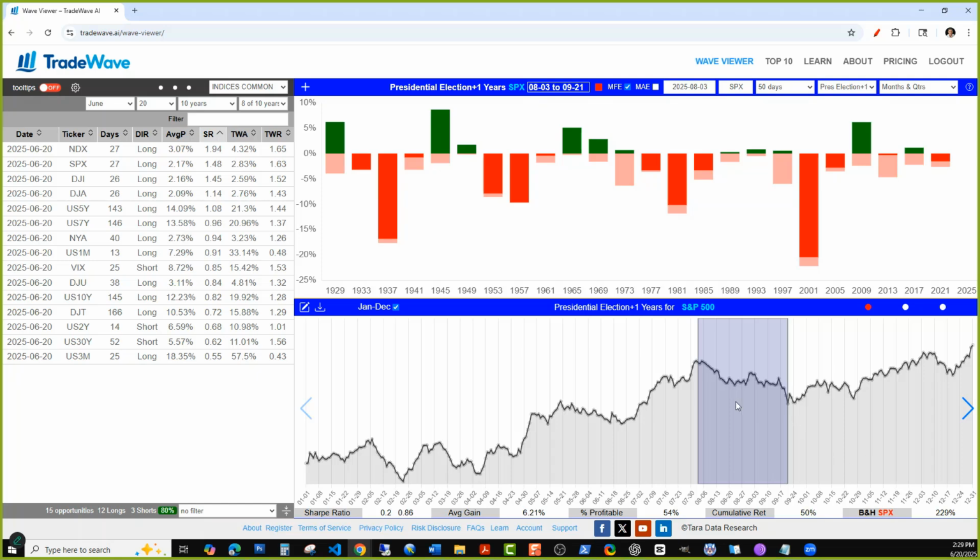So this date range showing right here, right there, this date range is possibly weak up to here. And oh, this didn't go away.